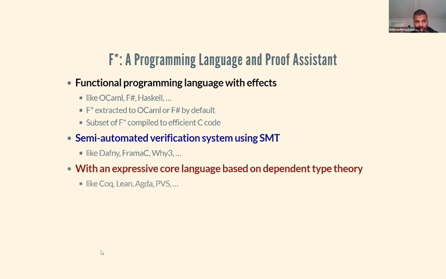On the other hand, rather than being based only on a first-order logic like, say, Dafny, F*'s core type system is built on dependent type theory, where the type theory that underlies F* should be familiar to you if you come from a background in languages like Coq or Lean or Agda, where it's full dependent types.